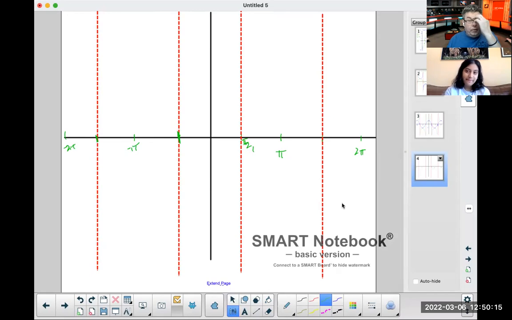All right. So you just told me that at pi over 4, tangent is equal to 1, right? So that would be here, wouldn't it? It's also equal to 1 at 5 pi over 4.